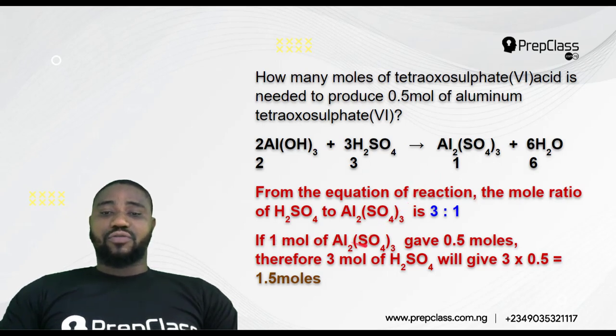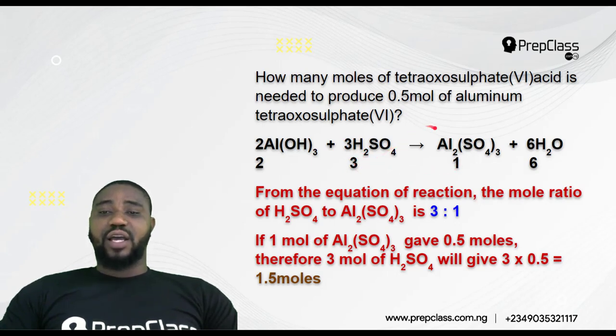So if 1 mole of Al2(SO4)3 is produced from 3 moles of H2SO4, then the number of moles of H2SO4 is 3 times that of aluminum sulfate.